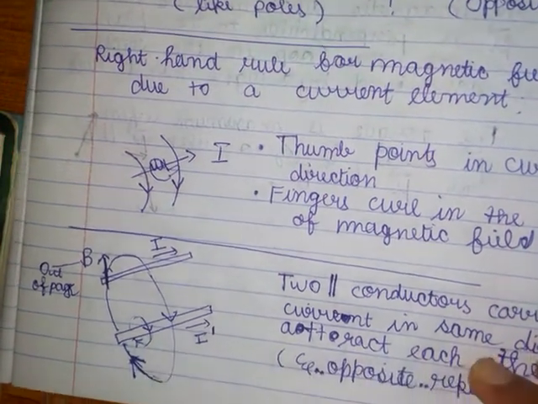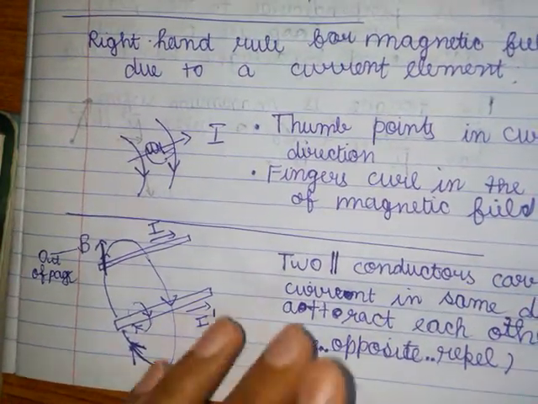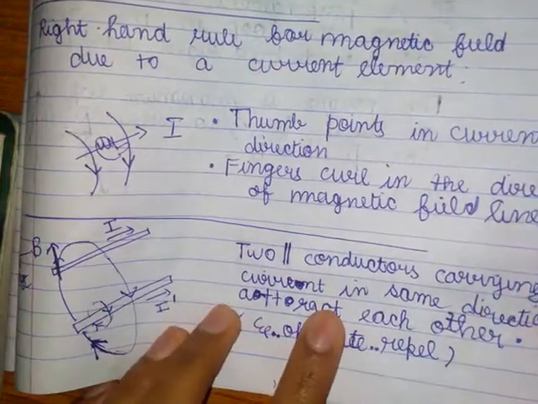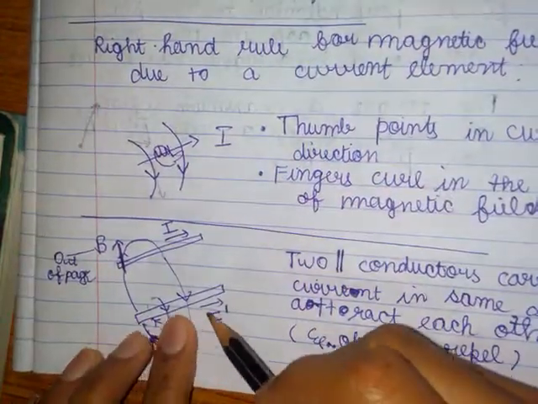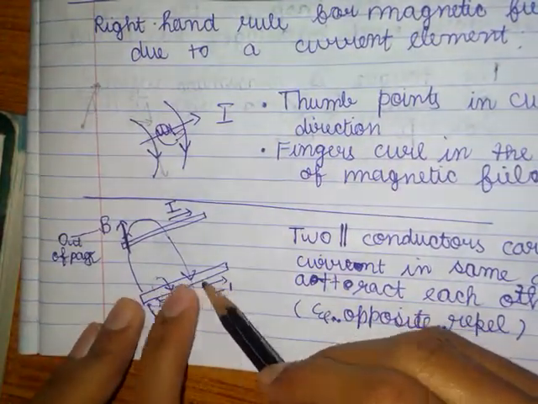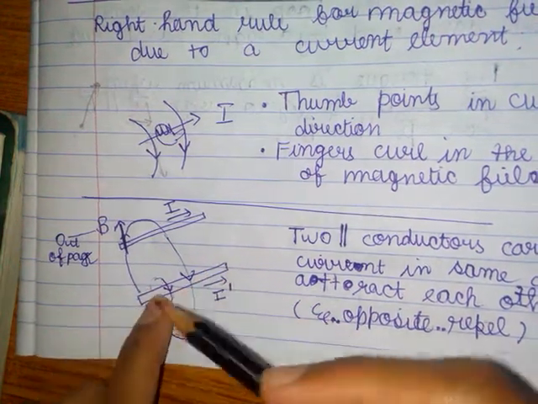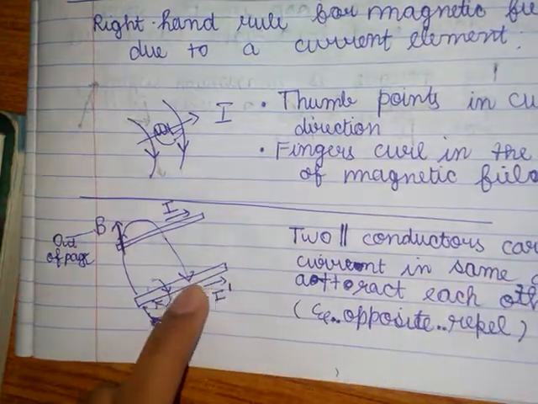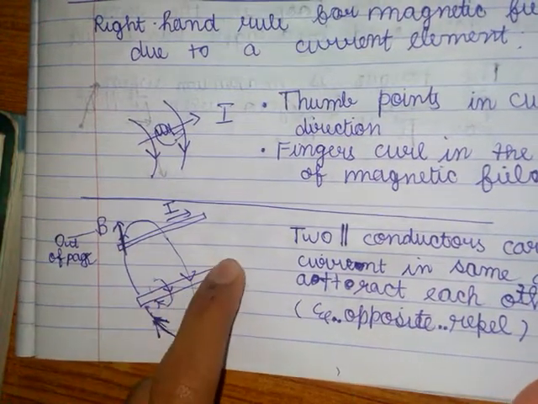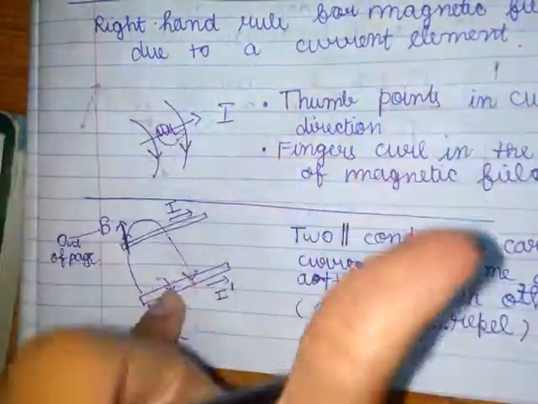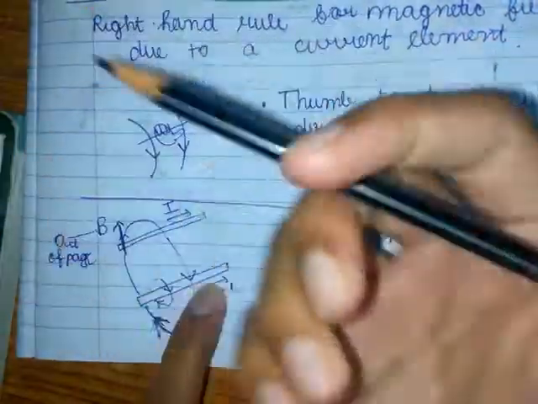So we can use this to see how two parallel current carrying conductors behave. Let's have an example in which the two wires parallel to each other carry current in the same direction. Consider the field lines of this wire. We align our thumb in the direction of current, and then the field goes like this.